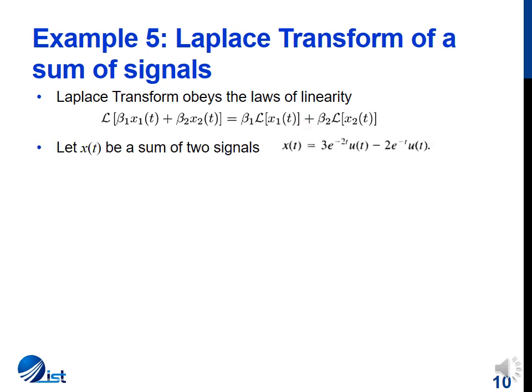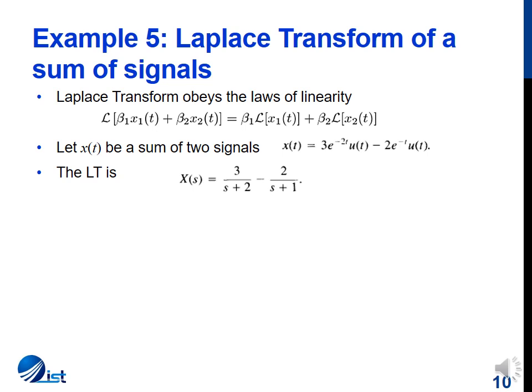So we'll take two signals, both of which are right-hand sided exponentials. The first exponential is 3 e raised to power minus 2t, and the second one is e raised to power minus t. Once we determine the Laplace transform, we can see that it is 3 by s plus 2 minus 2 by s plus 1.